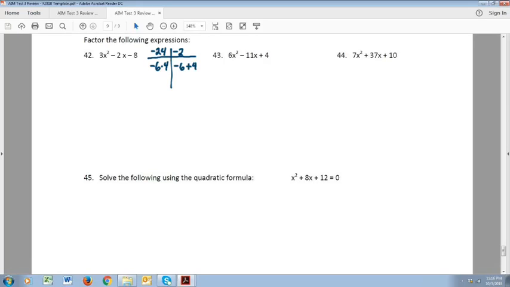So because that's a 3x squared, we're going to have to go the long road here and split our b term. So we drop the 3x squared, and using the numbers we just found, we're going to split our b term into these 2 x terms. And don't forget to bring down the 8, and then we factor by grouping. So here we can factor out a 3x times x minus 2.